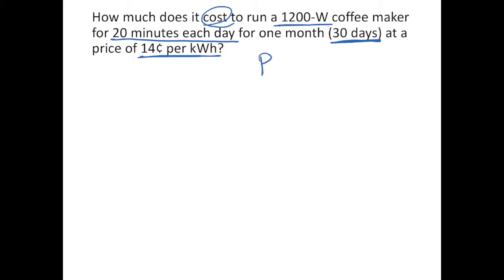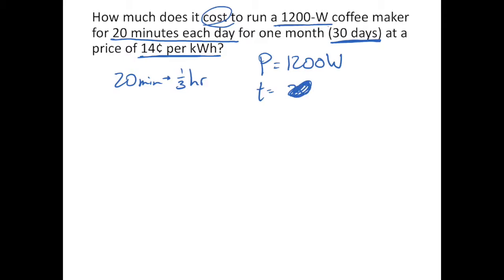So we have our power equals 1200 watts. Let's see, our time. We have 20 minutes per day. We need to convert 20 minutes into hours. So that's a third of an hour, because an hour is 60 minutes.